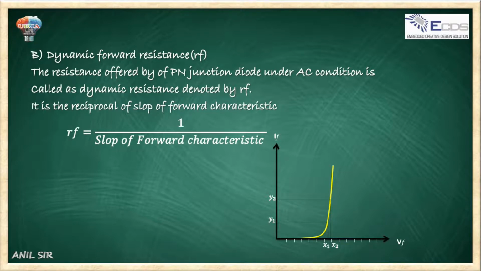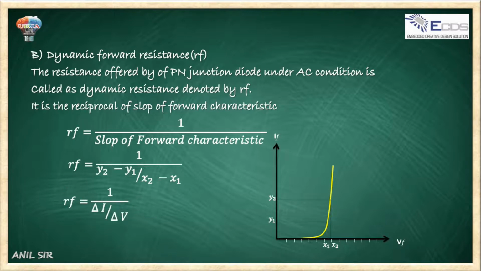So small rf equals 1 by (y2 minus y1), the higher y coordinate minus the lower y coordinate, divided by (x2 minus x1), that is, maximum voltage minus minimum voltage. Considering a particular point, it is 1 upon del I upon del V.